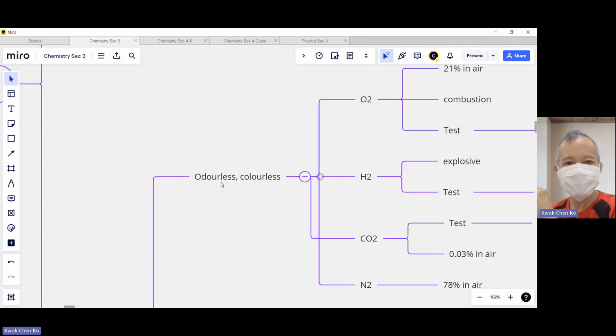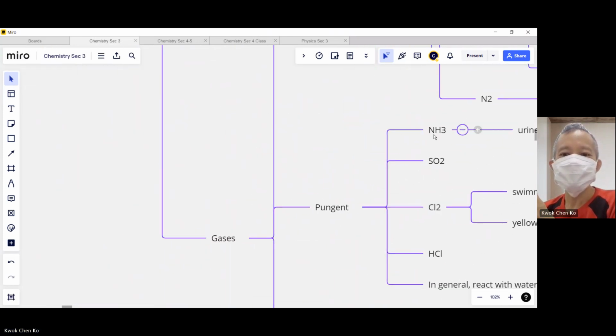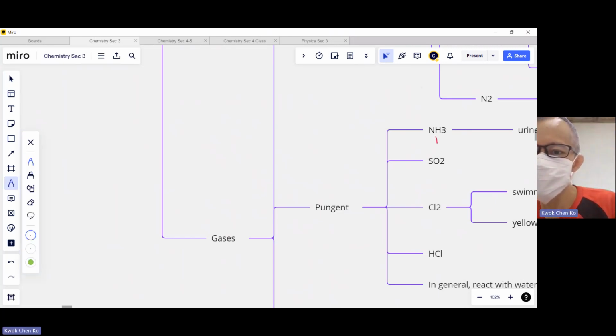What's meant by odorless? There's no smell. Then you have a few more. 4 pungent gases. Oh, by the way, because this Miro board doesn't allow me to do subscript, make sure you write with the subscript. Same thing for all the N2, O2 and so on.